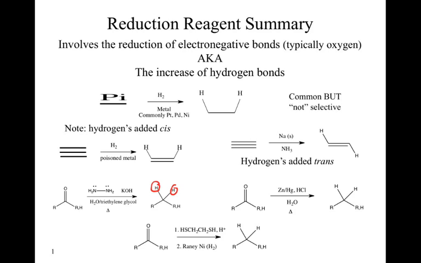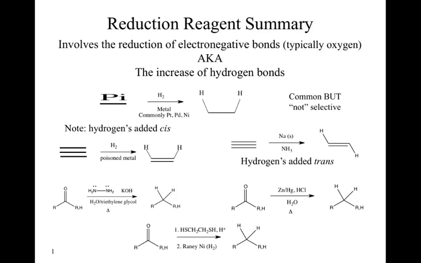If we'd gone through and done just a standard H2 and platinum, the result is that we would add hydrogen to both locations, okay, and I'd still have the oxygen present. Notice that with these three sets of reagents, the oxygen is completely removed from the structure and replaced with hydrogen.